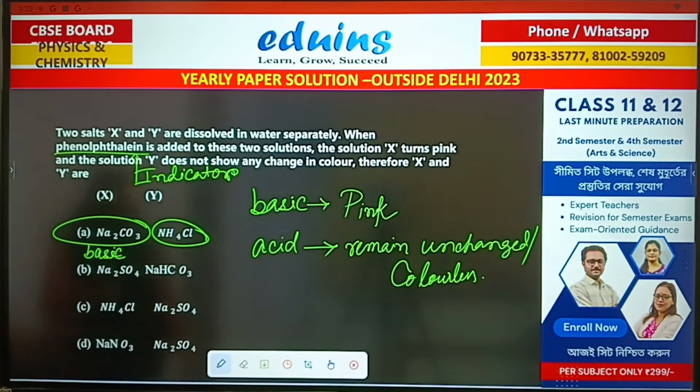It is acidic in nature, so it cannot change the color. So option A is the correct answer. Sodium carbonate is formed from sodium hydroxide and carbonic acid. So this is basic in nature because NaOH is a strong base. So this is the correct answer we get.